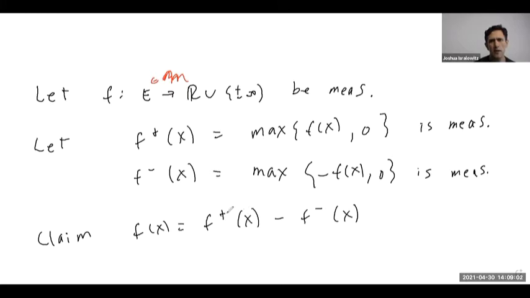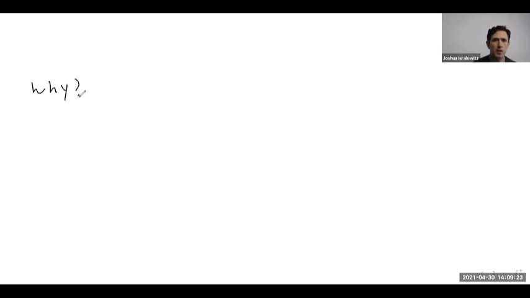I also claim that neither of these can simultaneously be non-zero. So I'm perfectly fine subtracting these two functions. If one is not 0, then the other has to be 0. Let's prove that. Like a lot of stuff in this course, you just have to unravel this. There's not much more to it than that.